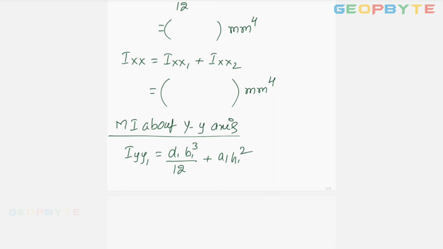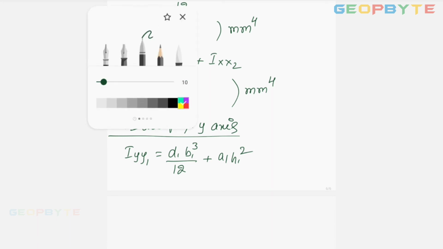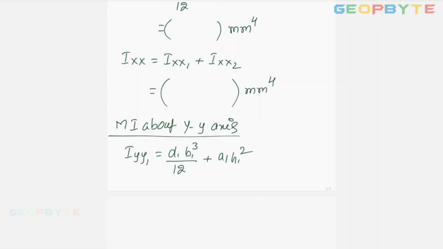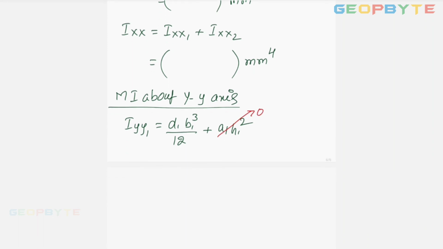Remember, since the section is symmetrical about y axis, this part is becoming 0 for finding the moment of inertia about y axis. Therefore, Iy1 equal to only d1 b1 cube by 12. You substitute all values for getting in mm power 4.